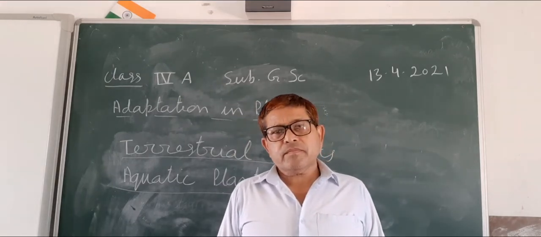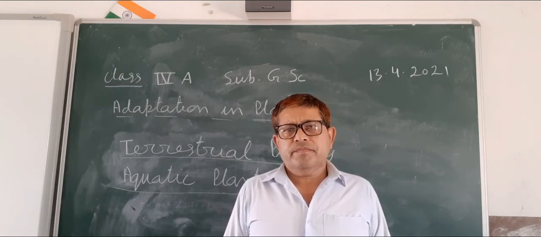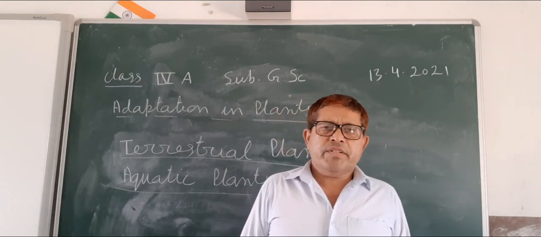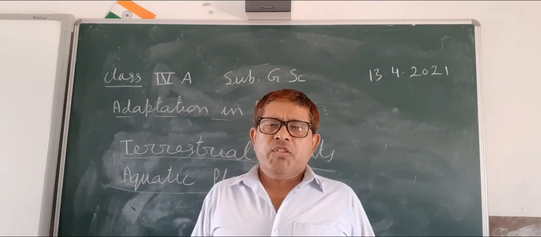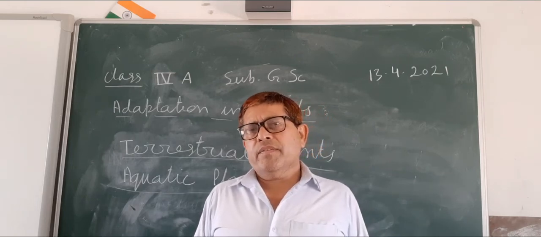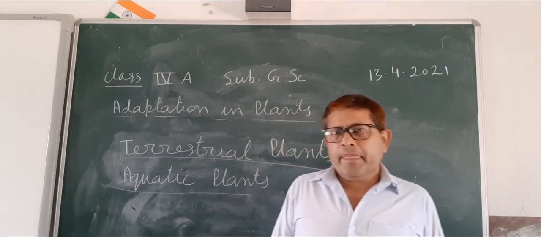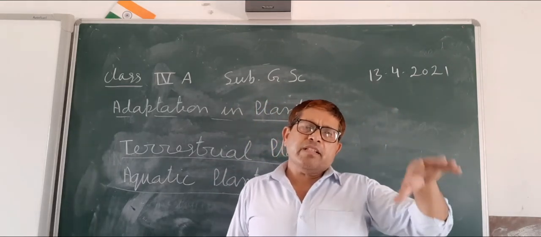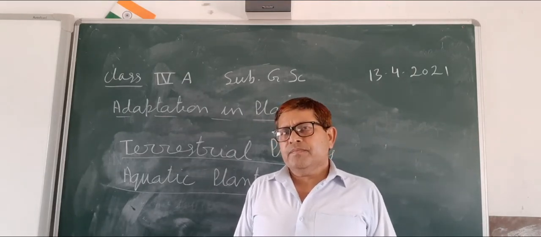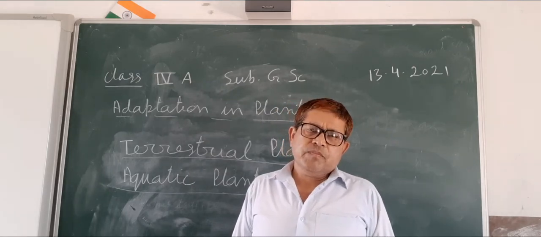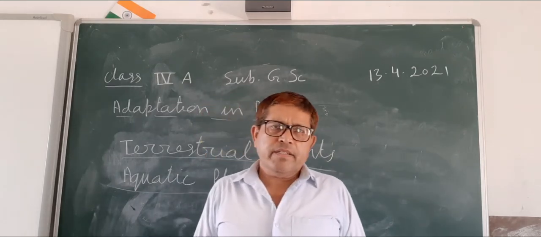Mango, banana, banyan, peepal, wheat, etc. So many plants which are found on the land are terrestrial plants. There are variations on the lands, some are plains, some are hills, etc. And plants found in the water are called aquatic plants.